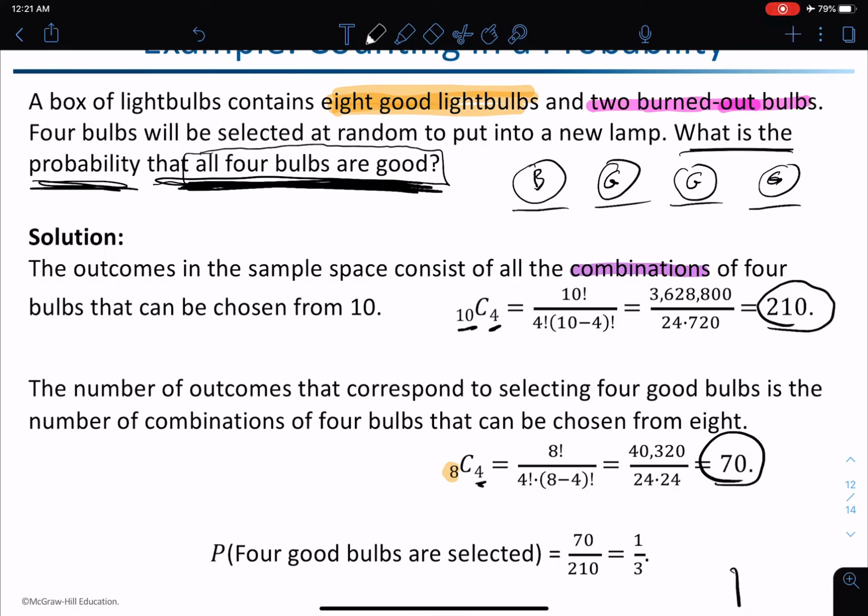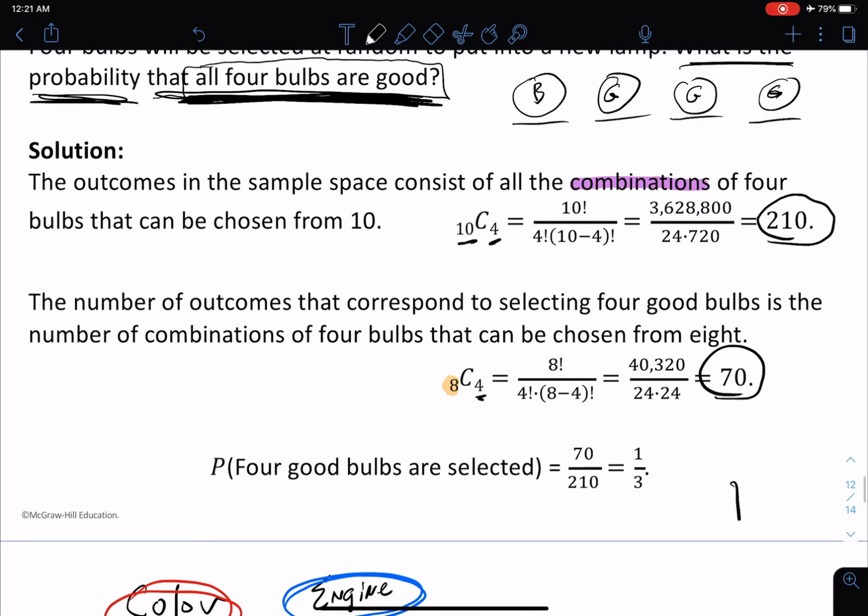If we pulled those out, in this problem, what we don't want to do is count a good and a bad in a different order as something different, because it's a grouping, right? Anyhow, sometimes this could be a little bit tricky, but the probability that 4 good bulbs are selected is just going to be 70 divided by 210, and we get 1/3.